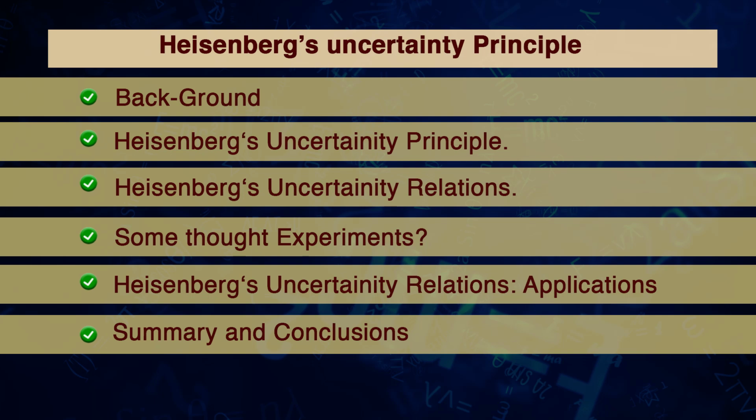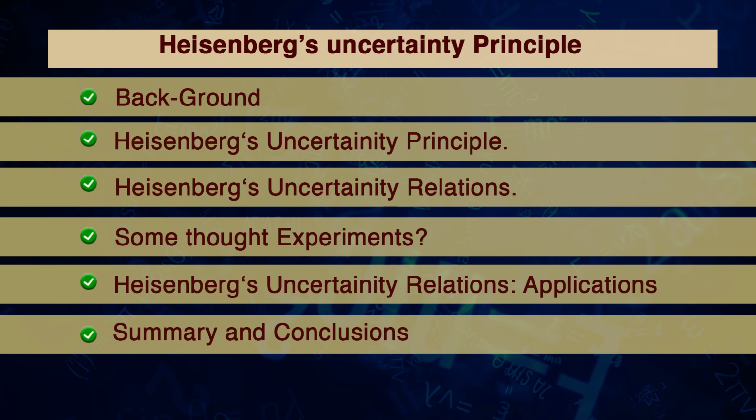Here we will use the wave nature of particles, that is known as the matter wave. So, some glimpse on the concept of matter waves and some relevant properties to understand this particular principle, because this principle is related to the position and momentum parameters of quantum mechanical particles. That will be considered as the background.